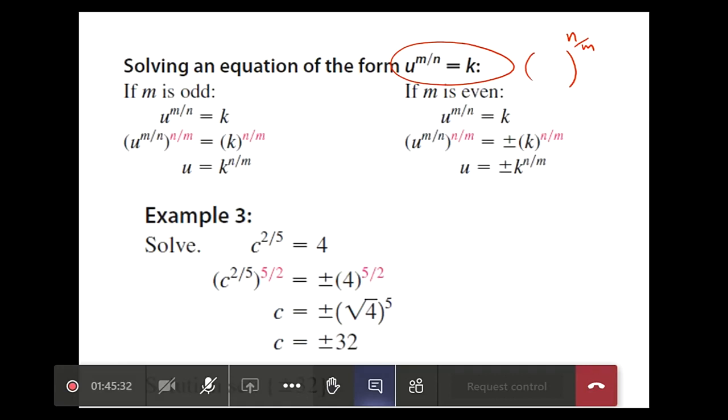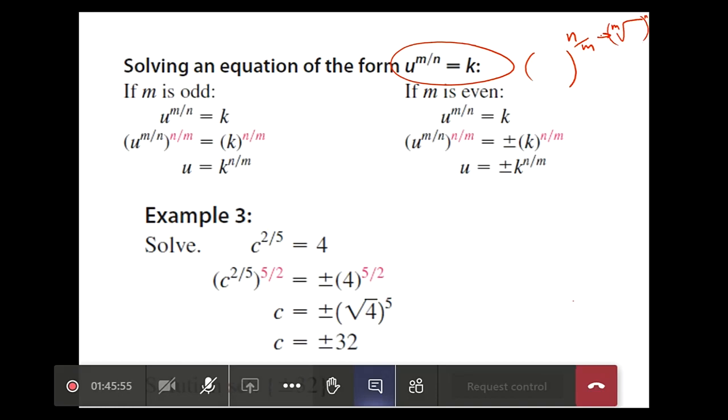This is for the radical, the one in the denominator, and this is to the power n. So this is what it looks like: m for all to the power n. Okay.